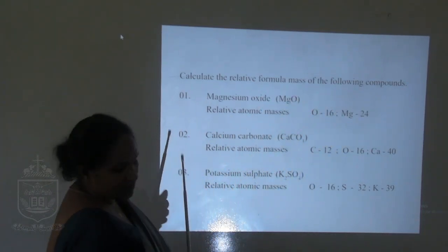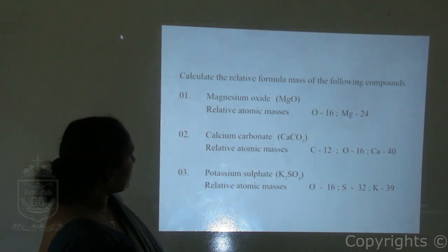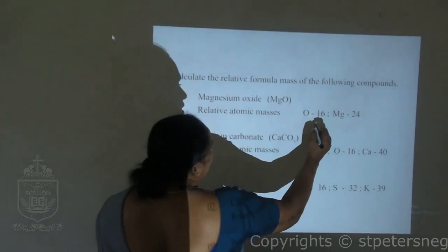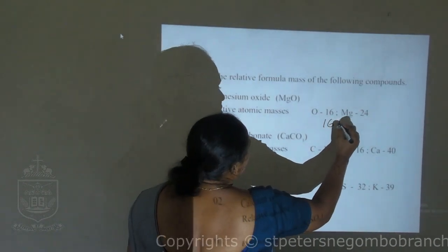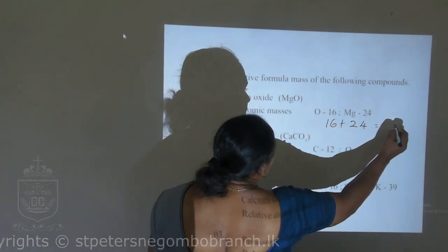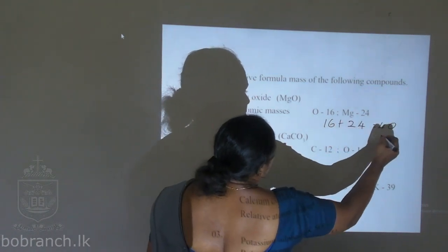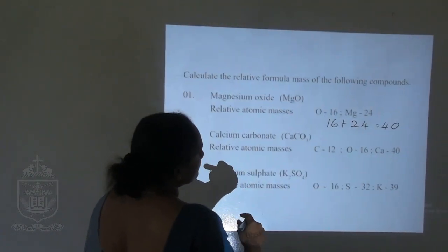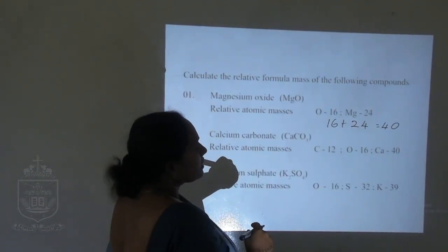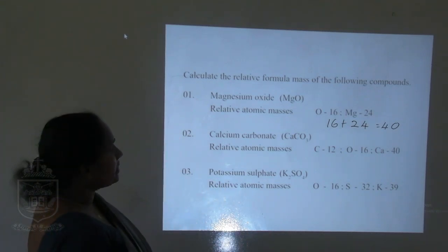So how do we find the relative formula mass? 16 plus 24, the answer was 40. The relative formula mass of magnesium oxide is 40.